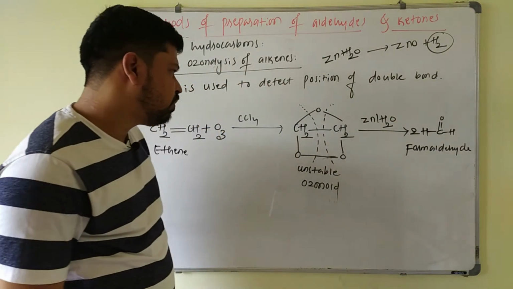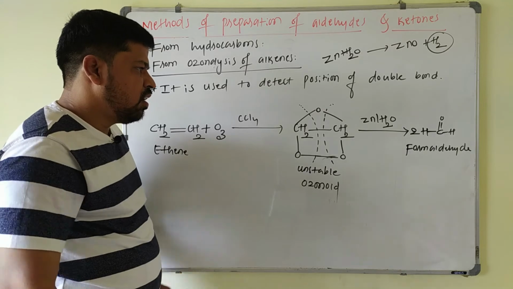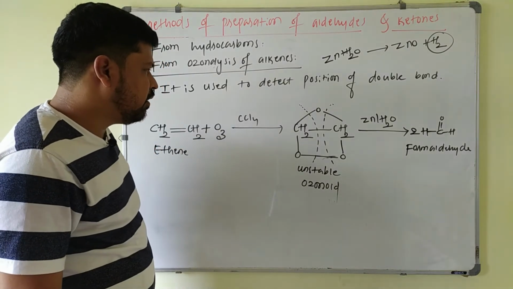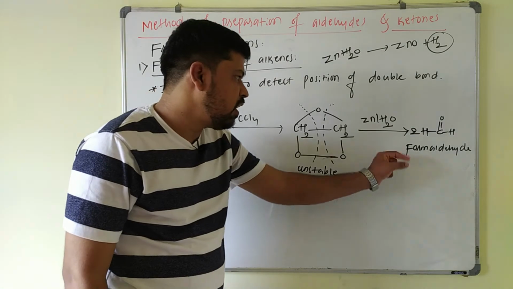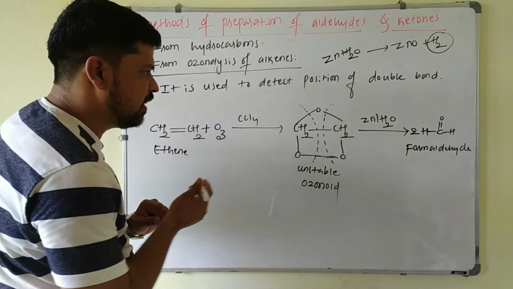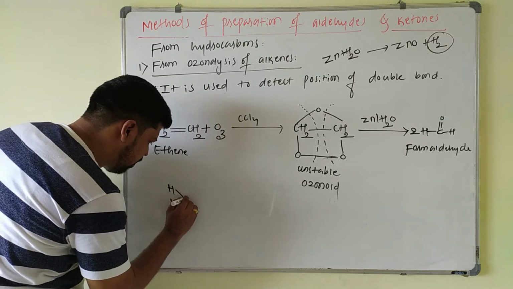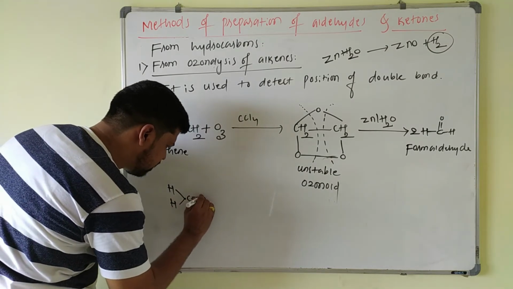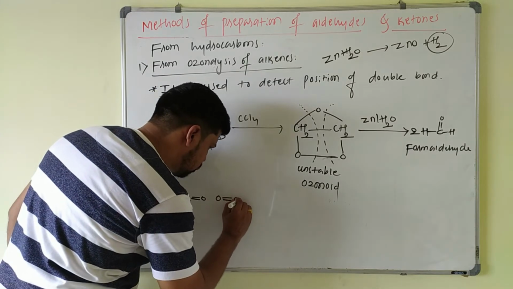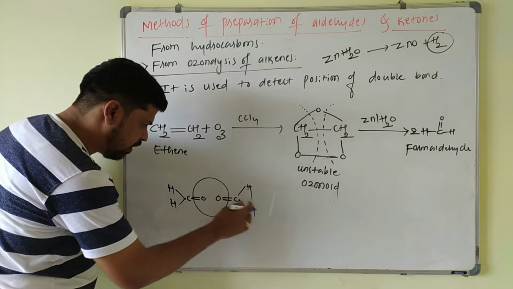Now you see here, this ozonolysis reaction is used to detect the position of the double bond, I said. You can write the 2 moles of formaldehyde like this, such that the carbonyl groups are facing each other, H and H, and you connect these 2.